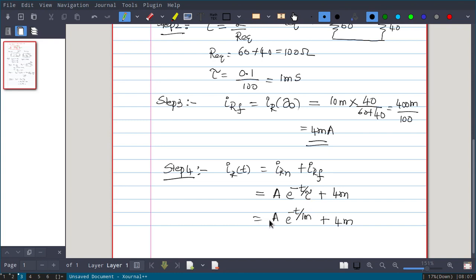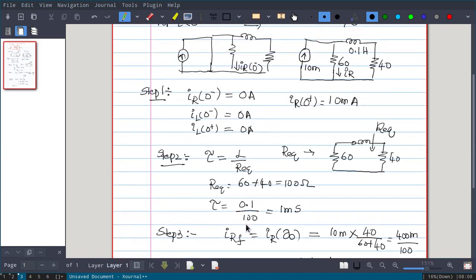Now we have to find this constant A. For that we need the initial condition, that is IR of 0 plus. If you are calculating for inductance, you need IL of 0 plus. But here we are calculating the current passing through the resistance, so we need IR of 0 plus. IR of 0 plus is nothing but what we calculated before, that is 10 milliampere.